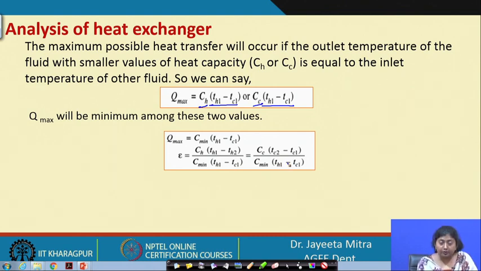Similarly, if we consider the cold fluid, the effectiveness is the actual heat transfer Cc into Tc2 minus Tc1 divided by C minimum into Th1 minus Tc1. So, in the first case Ch is minimum and in the second case Cc is minimum. So, this will be the effectiveness.